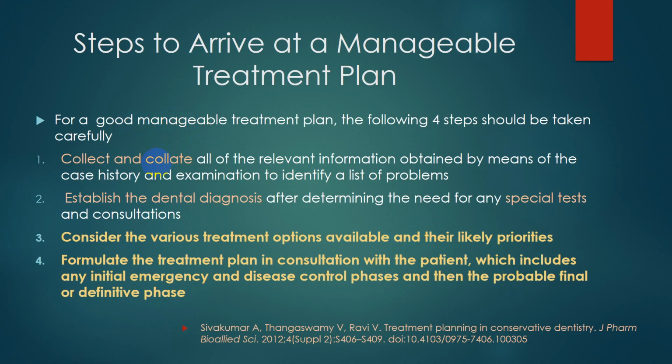Do you remember the lectures of data collection, number 1 and 2, and then correlate this information together to arrive at a diagnosis. So data collection comes first, and then a diagnosis after relevant investigations and special tests that we learned in the previous lectures. Then we will arrive at the appropriate dental diagnosis.